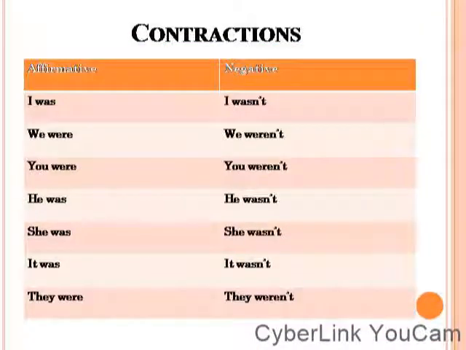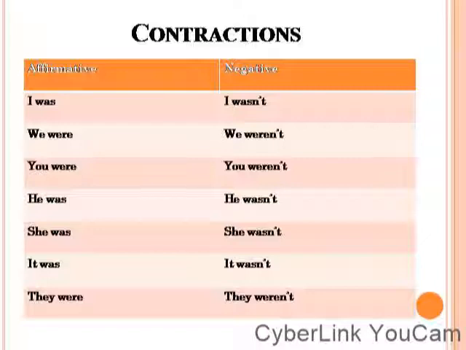Let's move to past tense. Again, just to go for the contractions, let's make sentences. First positive, then a negative. I was a school student in 1982. I was a college student in 1987.